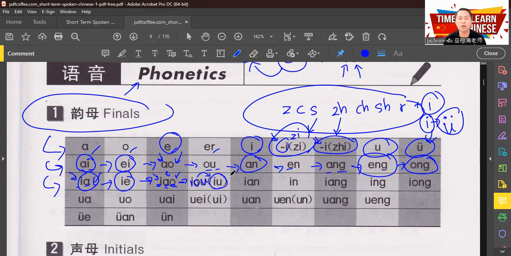Yo or yo. Okay, but I think for the Western country, Western foreigner maybe cannot separate about the first one. IOU, yo, and IU is you, right? Yo or yo.